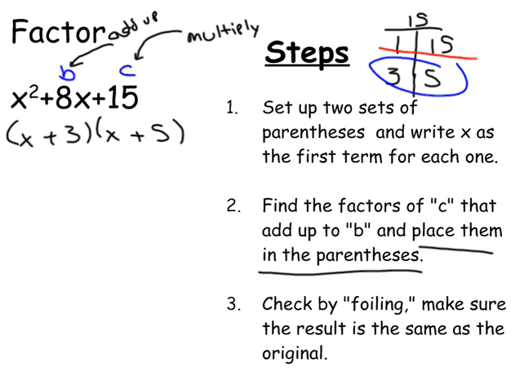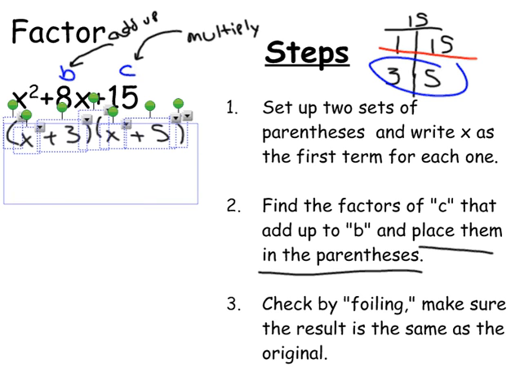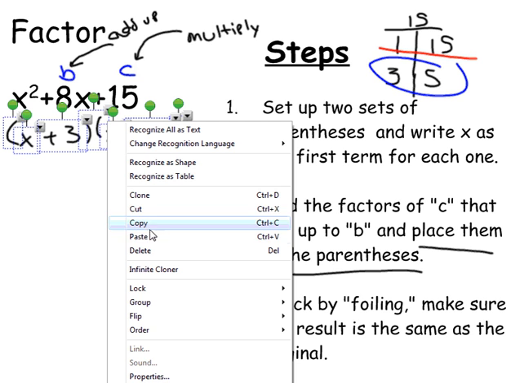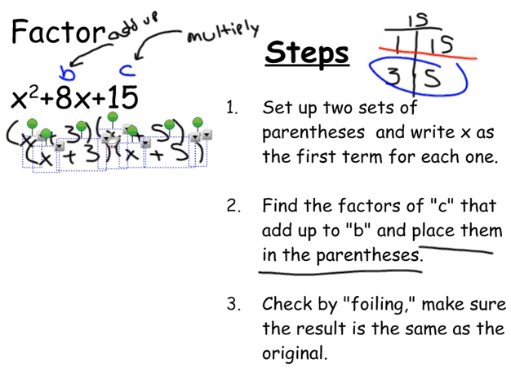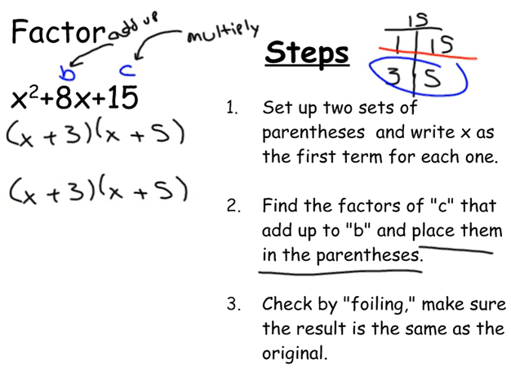Finally, what you want to do is you want to check. You always want to check your factors, and here's how we're going to check them. Remember I said factoring is undoing a multiplication. So we can check it by multiplying it out, foiling it out, and making sure that it comes back to the original trinomial.